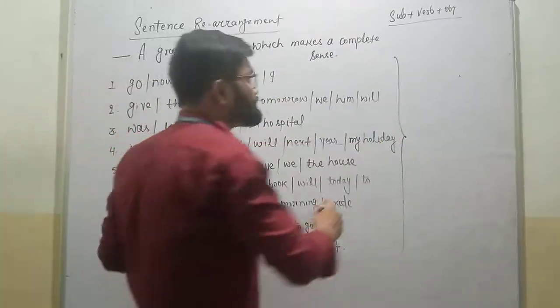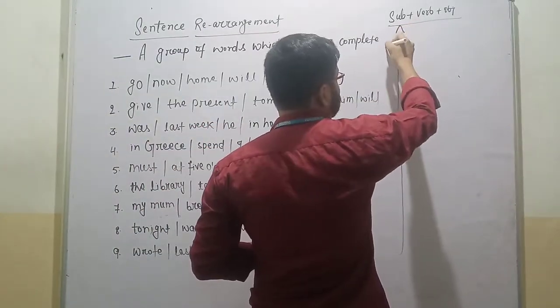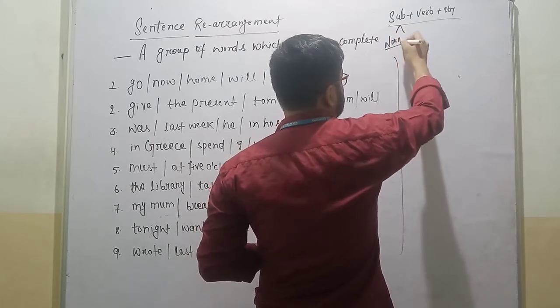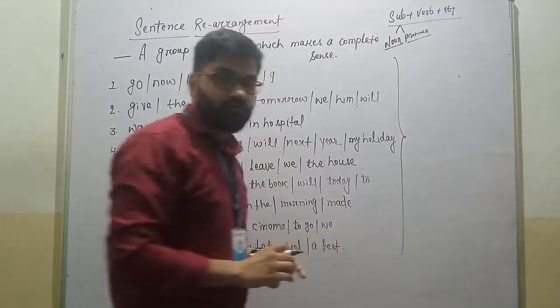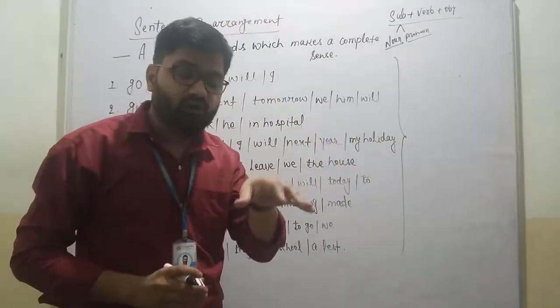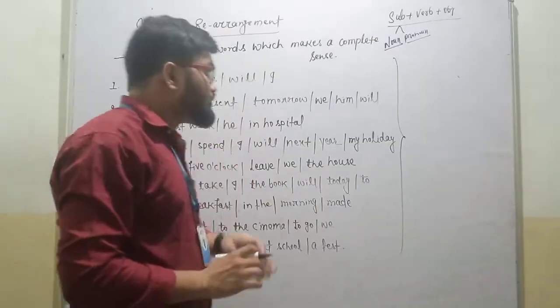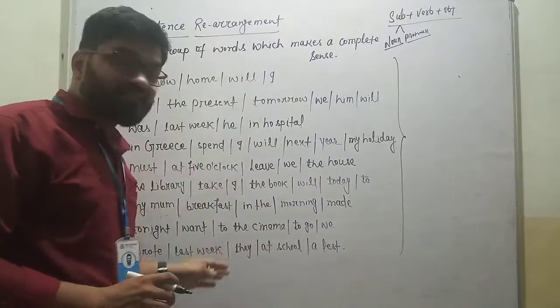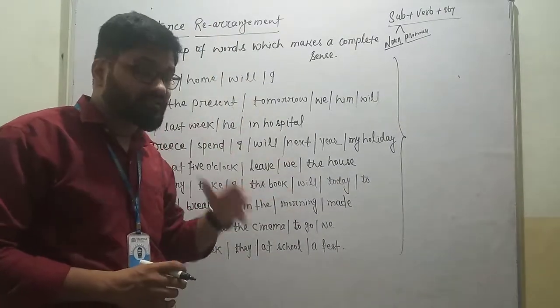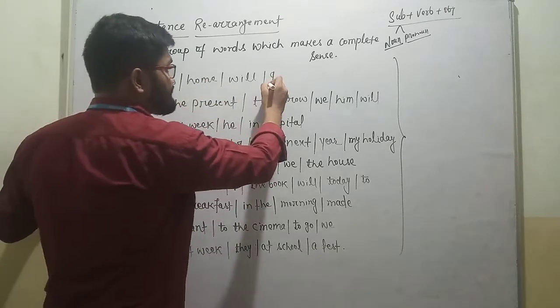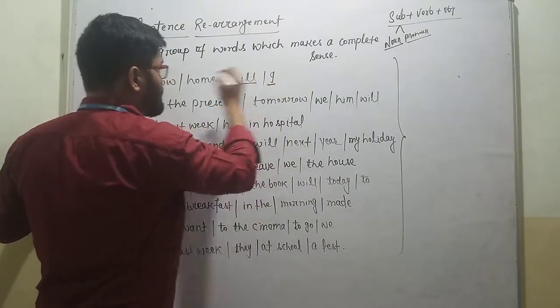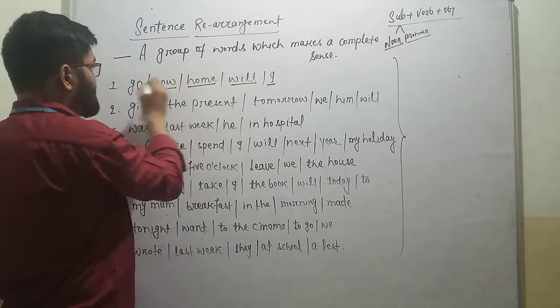Let me tell you, subject can be a noun or pronoun. So let's go ahead. These are the sentences where pronouns are focused more. In the first sentence: I, will, home, now, go.